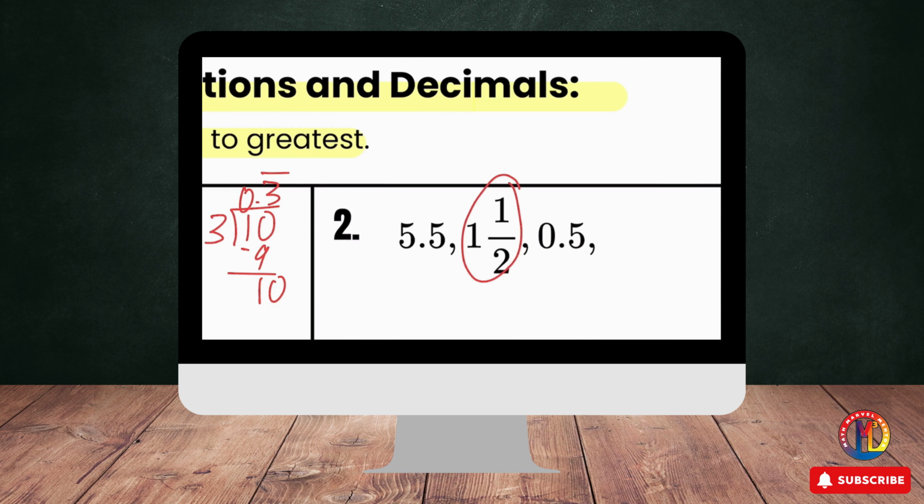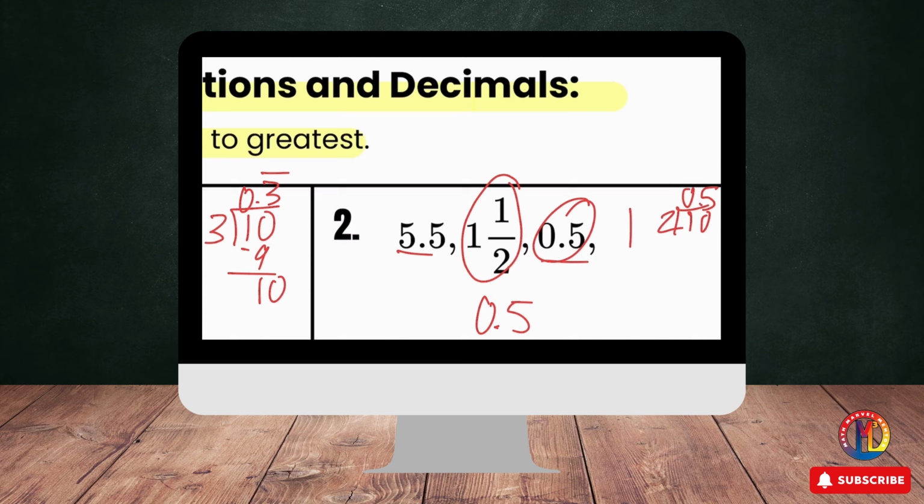Again, I'm going to convert this fraction into a decimal, and this problem's a little easier because I already have 5.5 and 0.5 in decimal form. So for 1 1/2, I'm just going to convert a half to a decimal. 2 goes into 1 0 times, and it goes into 10 5 times easily. A half is one of our benchmark fractions, so you should soon start to memorize that 1/2 is always the decimal 0.5.